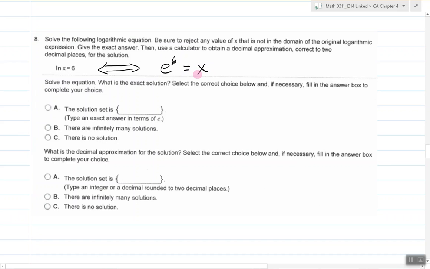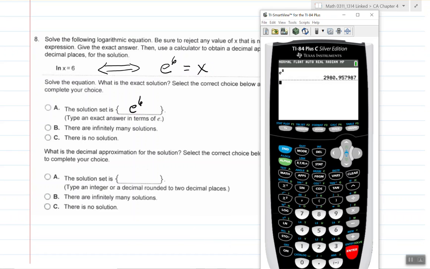These we're able to solve in one step. Not all of our problems will be quite this easy. All right, so the solution set is e to the 6th. And then what is e to the 6th? Second of the ln key, 6th, enter. That's 403.43.